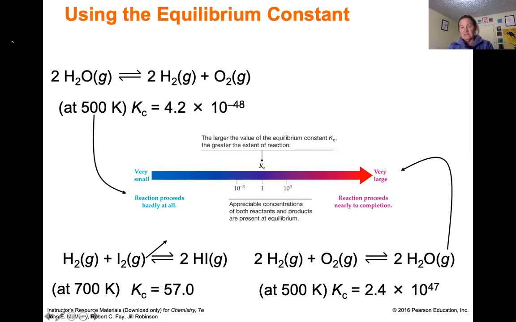Then in the lower right-hand corner, you've just reversed the upper left-hand corner, so this should have an equilibrium constant of 1 over the equilibrium constant for the first one. It shows you that when the equilibrium constant is 10 to the 47th, almost everything is on the product side. You have very little hydrogen and oxygen. You'd get that concept whichever way you wrote the reaction: you pretty much just have water at equilibrium.